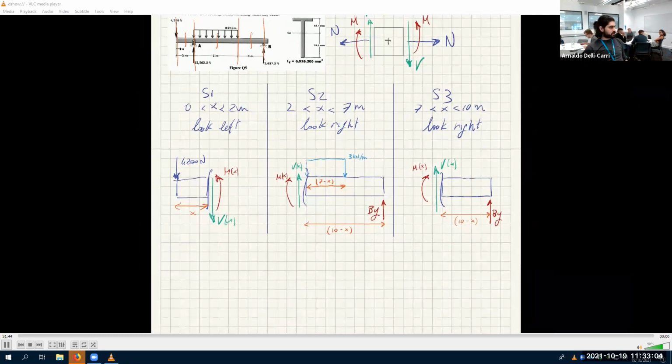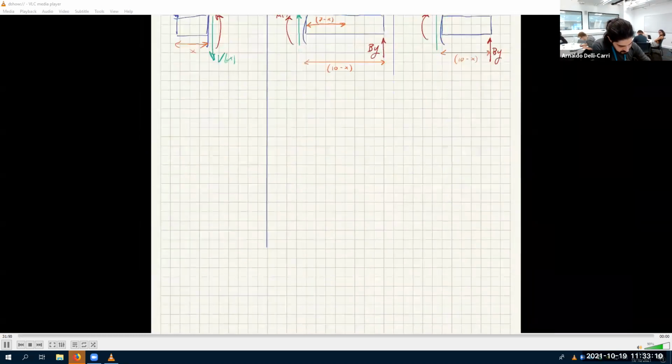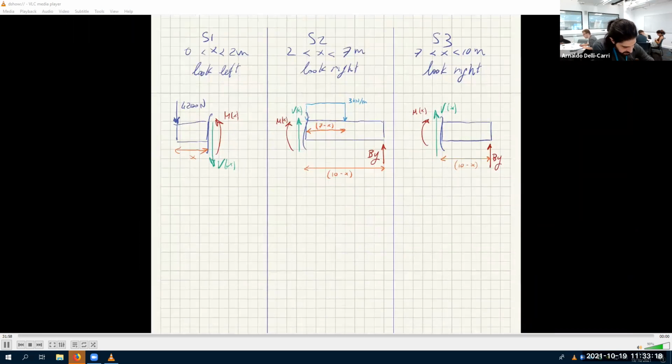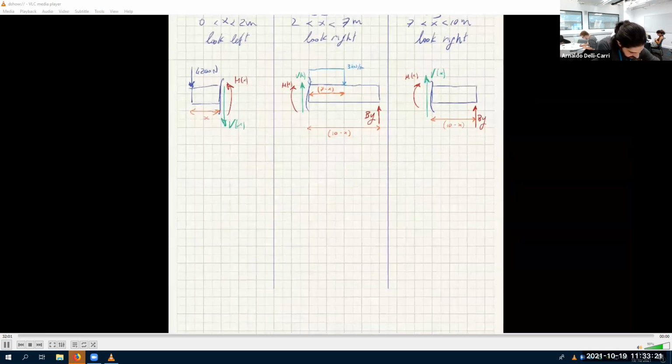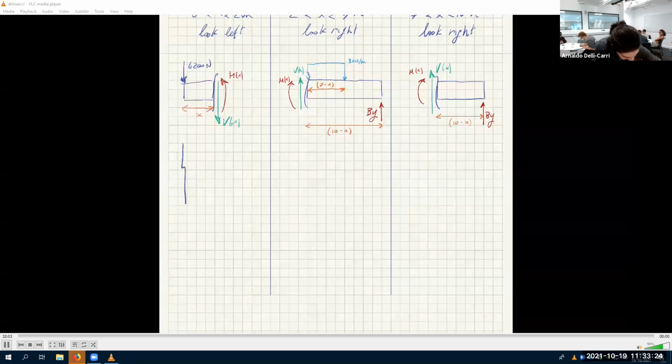And now we do equilibrium equations. That means that for equilibrium, I have minus 4200 minus V of x equals 0. Agreed? That's what happens here. And for the bending moment, I have 4200 times x plus M of x equals 0.